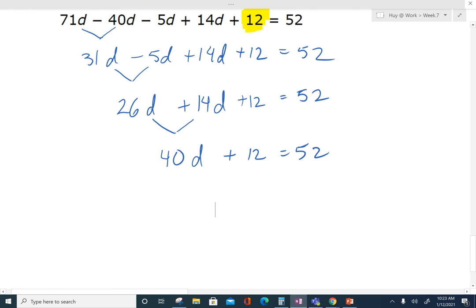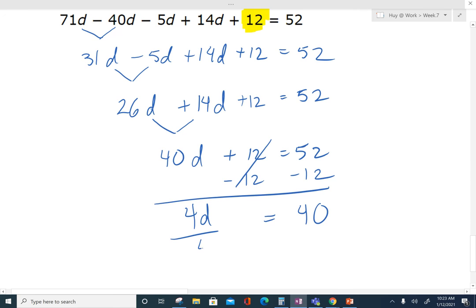So what we're going to do is solve this two-step equation now. We're going to subtract 12 on both sides. So we have 40 days. 12 minus 12 is 0 equals 52 minus 12 is 40. Whoops. We have 40 days. I saw that because when I looked up there, it's 40.